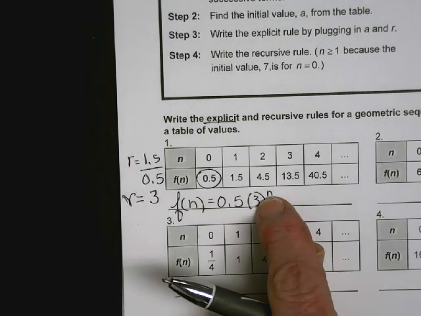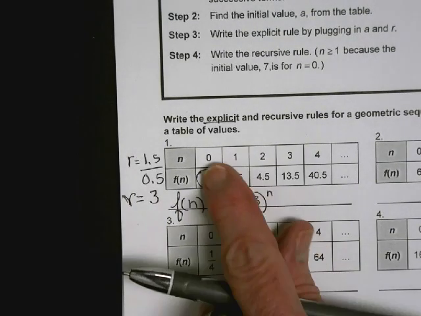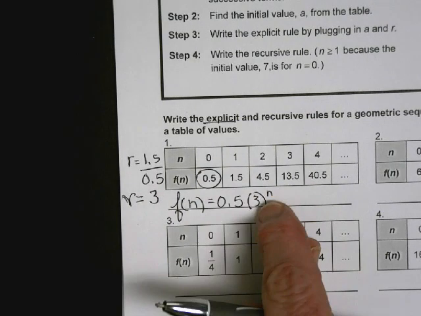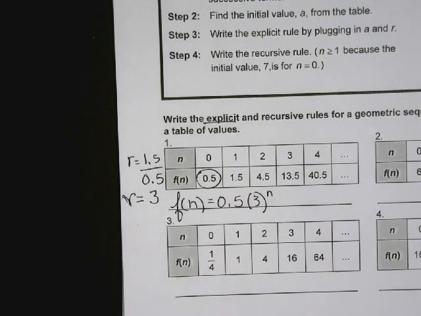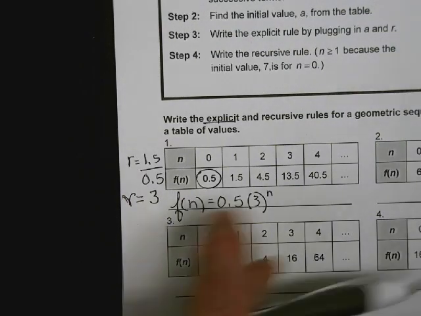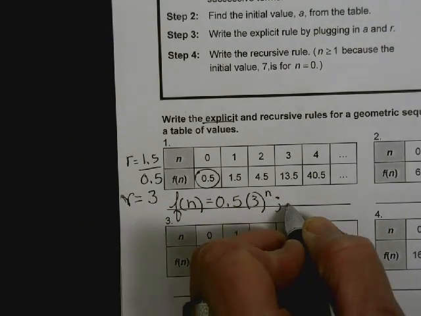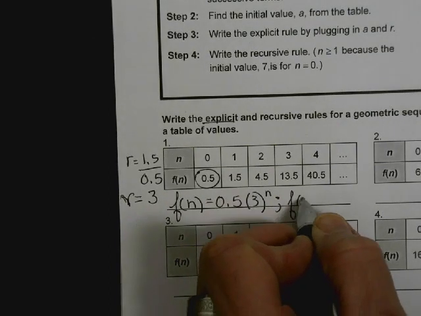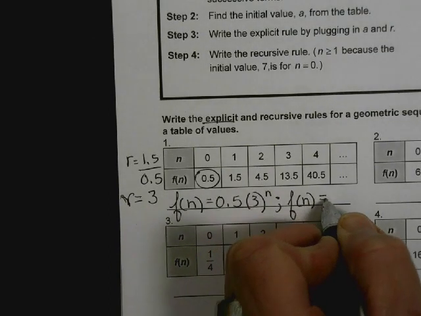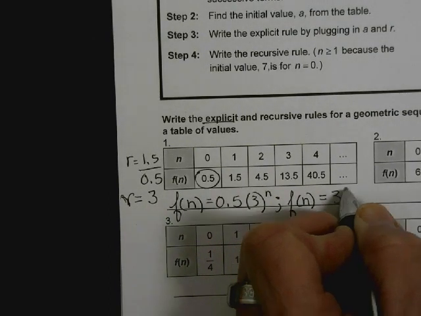Because an exponent of 0 means how many factors of 3 do you have? None, but there's always a 1. So if it was a 1 up here, we'd have to have n minus 1. That's a silly caveat. So this is the story, n starts at 0.